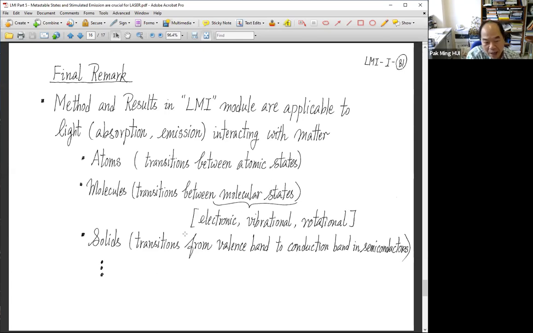So one final remark. In this module, what I want to convey in the more academic part is to introduce time-dependent perturbation theory. We don't do a lot, we just do the lowest order, first order. But you will see that is already very useful. We can understand atomic spectra.